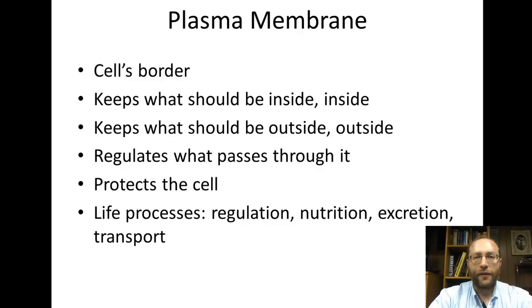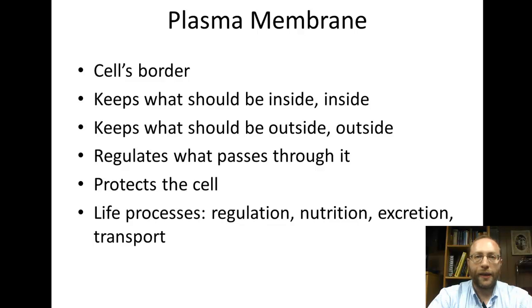So what happens is that some of the cells in your pancreas will allow a hormone called insulin to pass through the plasma membrane, and this hormone will then go to your liver, and it will tell your liver cells to actively pump the sugar molecules into the cells in the liver, and that will lower your blood sugar content.